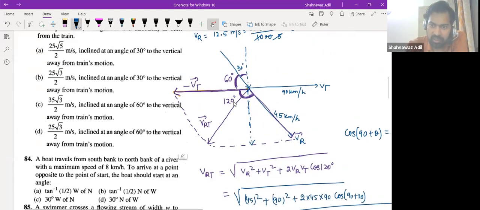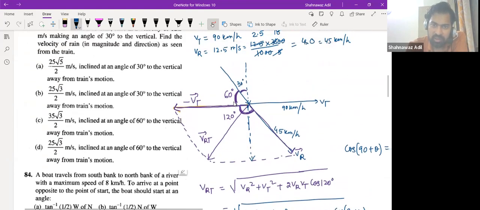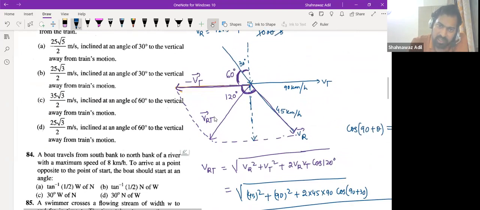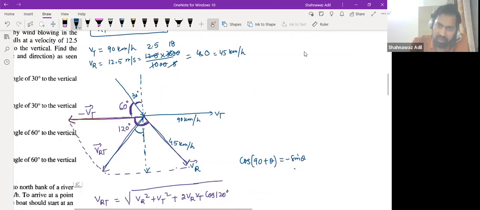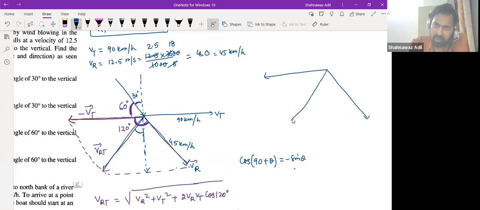This is the resultant, and this is the angle that we are trying to find out, right? So we have this one, and we have this one, and we have this, right?